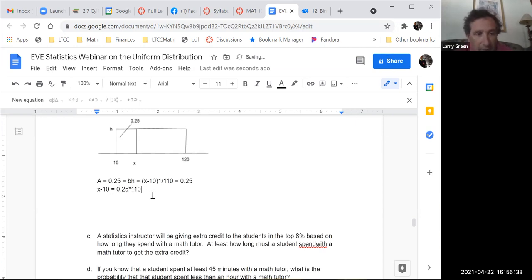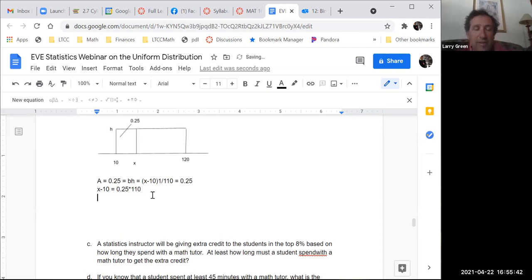All right. Next step, to get X by itself, what do I have to do to both sides? So what's the algebra that I need to do to get X by itself?